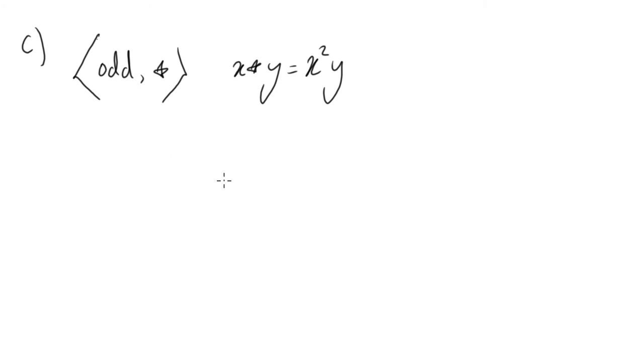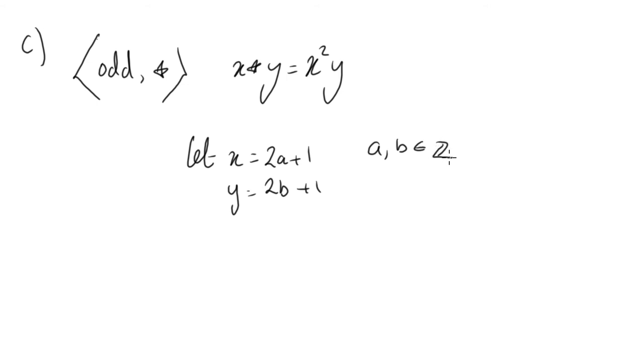The way I thought of is, since x and y must be odd, we can say let x equal 2a plus 1 and y equal 2b plus 1, where a and b both belong to the integers. Those are the definitions of odd numbers, and we can just sub them in. So this is equal to 2a plus 1 squared times 2b plus 1.